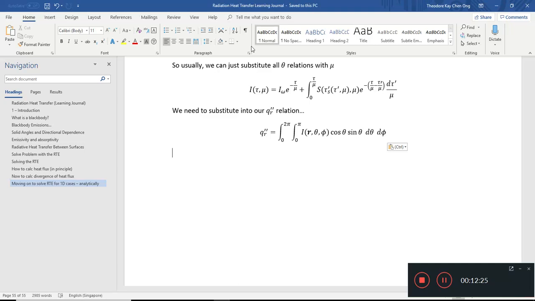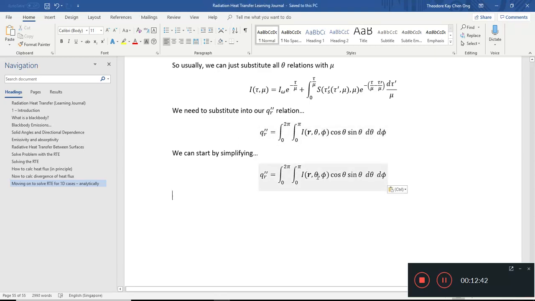So first things first, you can start by simplifying. Use the azimuthal symmetry assumption. Why am I doing that? I shall show you shortly.